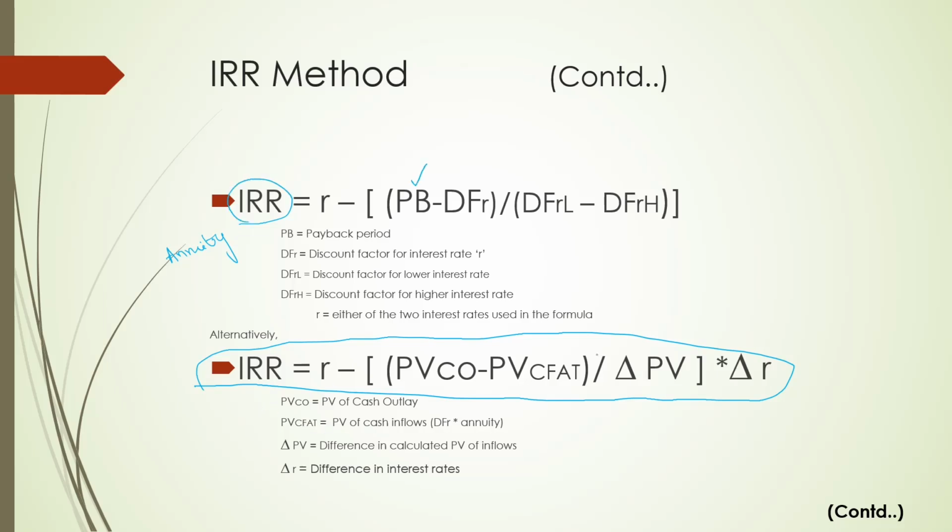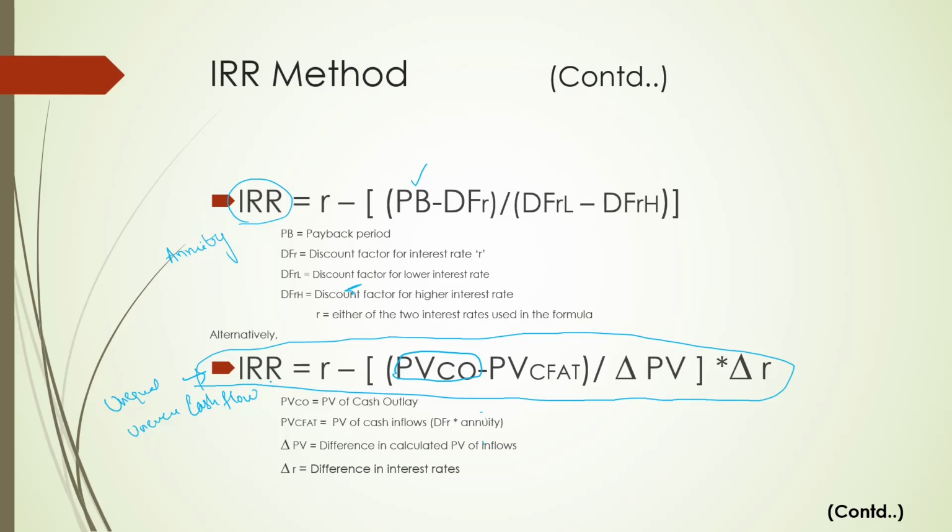Here we have present values, no? Whenever you have unequal cash flows, uneven cash inflows, better use this formula, right?